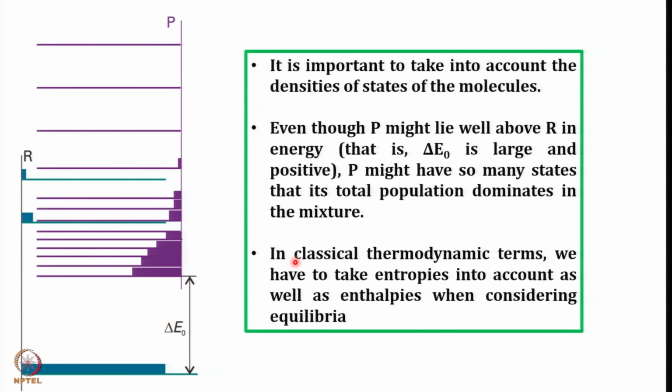That is what I was telling you, that delta G naught, which is equal to minus RT log K, I can write this also as delta H naught minus T delta S naught at a given temperature. And that is what the comment says, that in classical thermodynamic terms, we have to take into account the enthalpies as well as entropy changes.